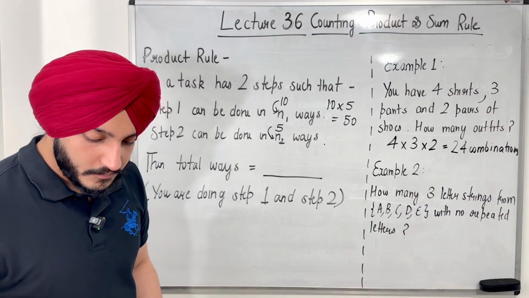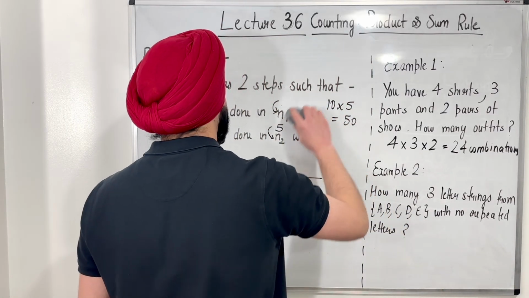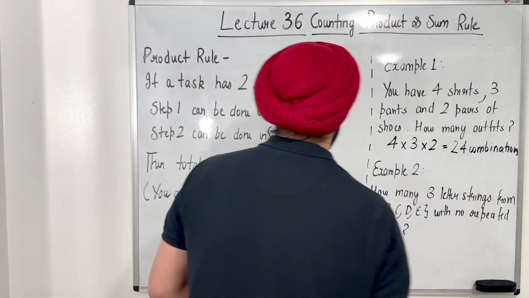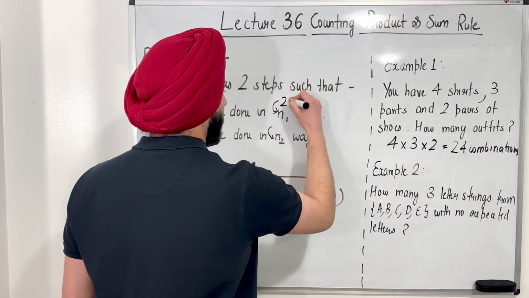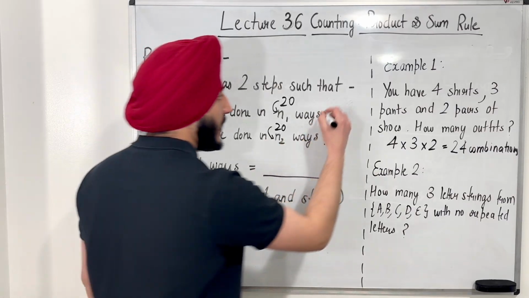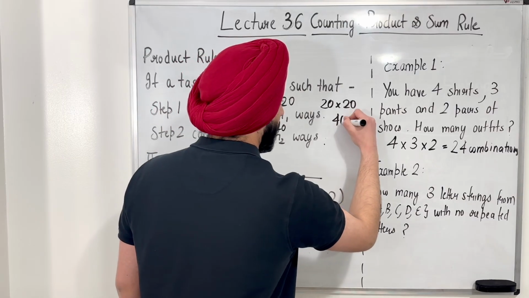But now, let's say instead of 10 and 5, let's say I had 20 for n1 and 20 for n2. So in this case, I would have 20 multiplied by 20 ways, which would be 400.